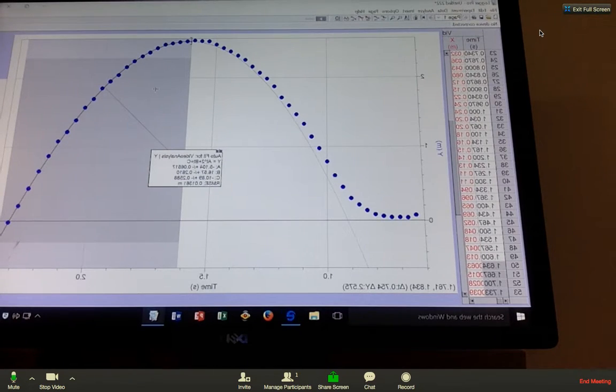All right, so that's the data for the group. The group had an acceleration going upward that is less than the acceleration going downward.